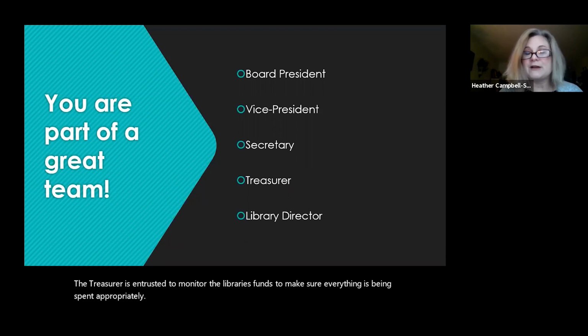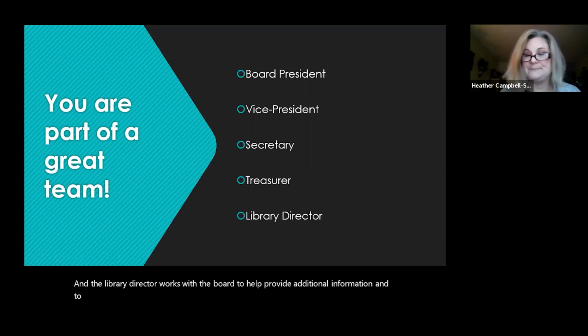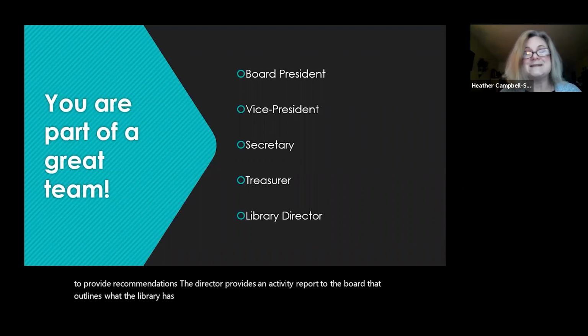And the library director works with the board to help provide additional information and to provide recommendations. The director provides an activity report to the board that outlines what the library has been working on or has done since the last board meeting, provides recommendations for policies, and answers questions.